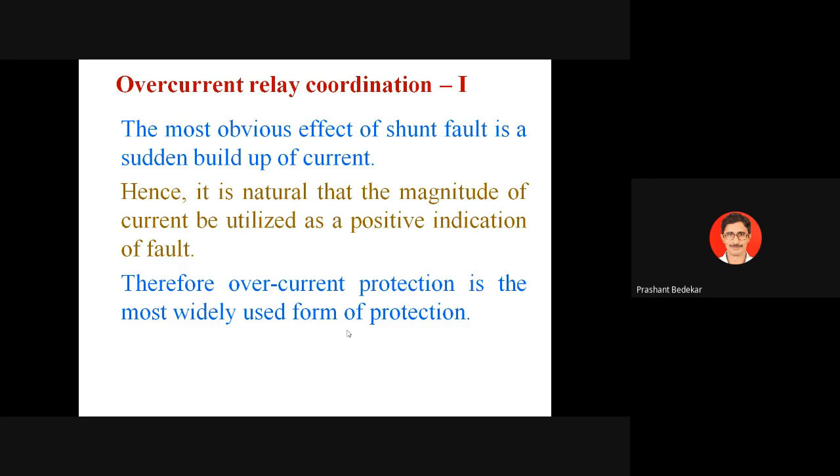Almost everywhere in distribution systems overcurrent protection is used. Even in some cases of transmission networks, overcurrent protection is used. Sometimes in transmission networks, we use distance protection as primary and overcurrent protection as backup. That is, of course, the special case.